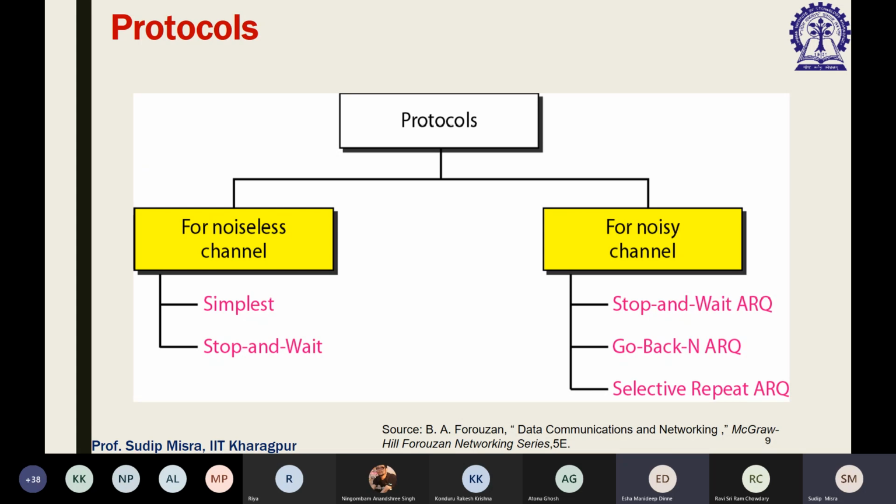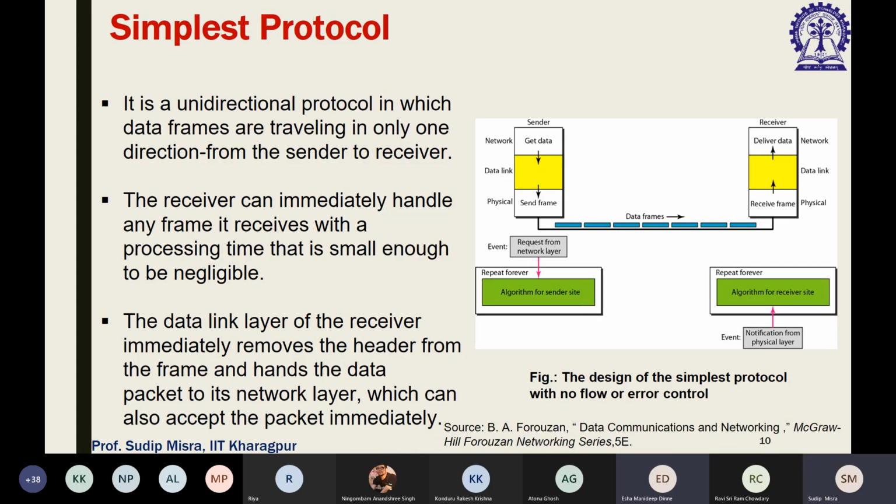We'll start with the simple protocol. So simple protocol means what? There is no flow control or error control. We have the sender, we have the receiver. We are talking about this yellow part, which receives the data from the higher layers at the sender.